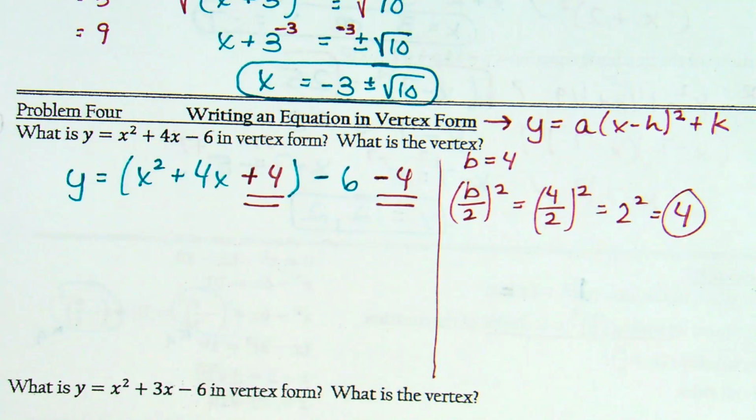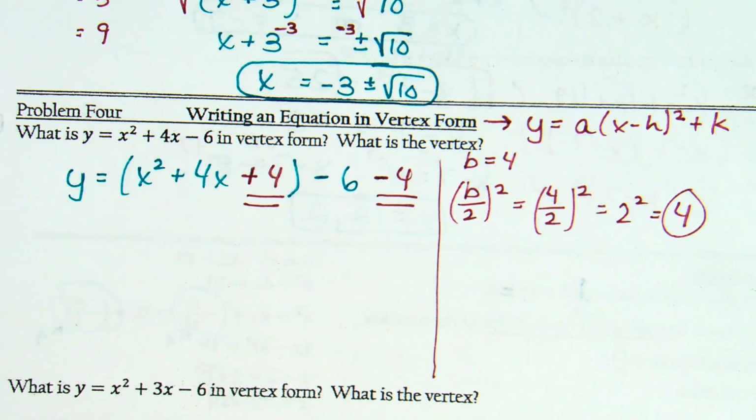I just completed the square. The square root of x squared is x. The square root of the 4 at the end is 2. The sign in the middle is plus. So that factors into x plus 2 times x plus 2, or x plus 2 quantity squared.